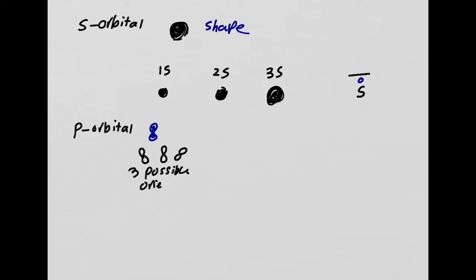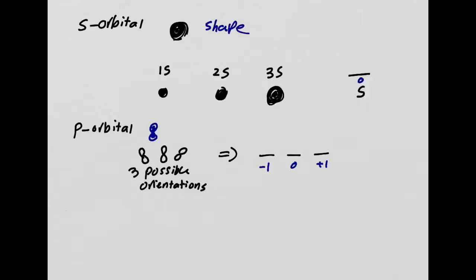It could be straight up, slanted to the right, slanted to the left. Therefore, we just said that you would have 3 of these p orbitals. The M sub L would be 0, plus 1, minus 1, because you could have 3 different orientations.